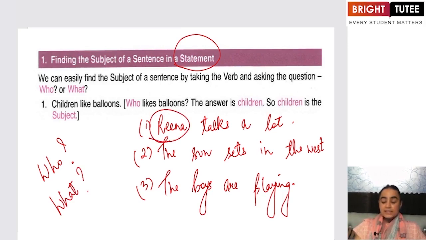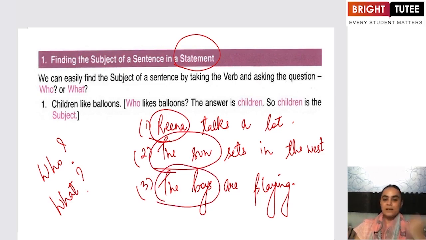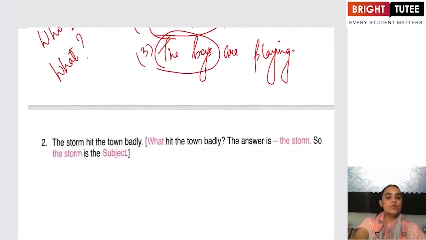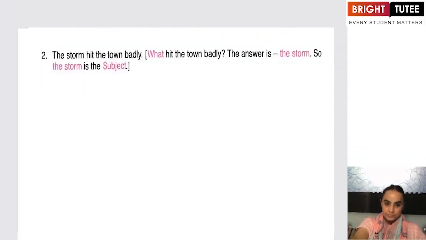The sun sets in the west. So what sets in the west? The sun. So that is my subject. The boys are playing. Who are playing? The boys. So my subject is the boys. So we identify the subject in a statement by asking the question who and what.